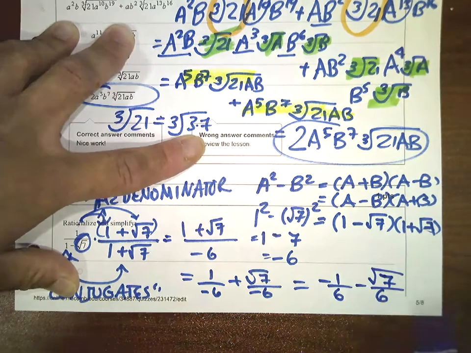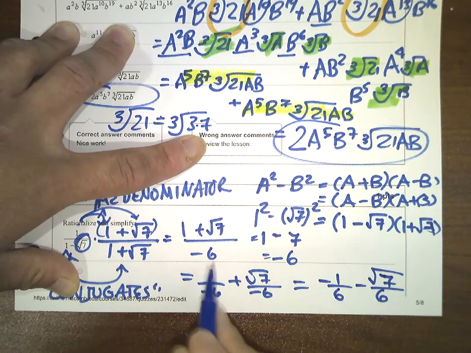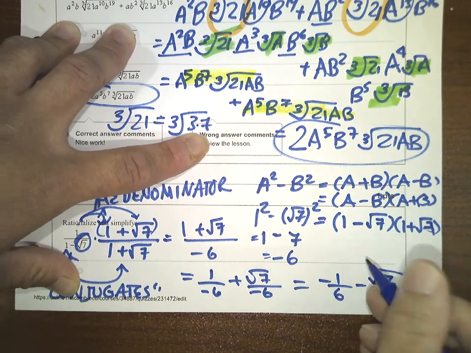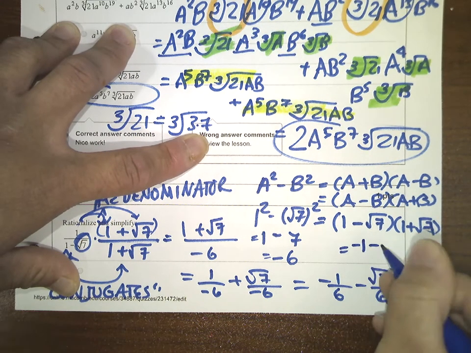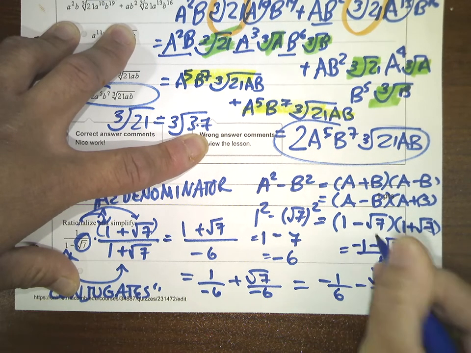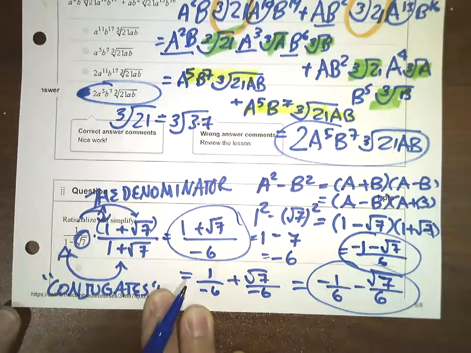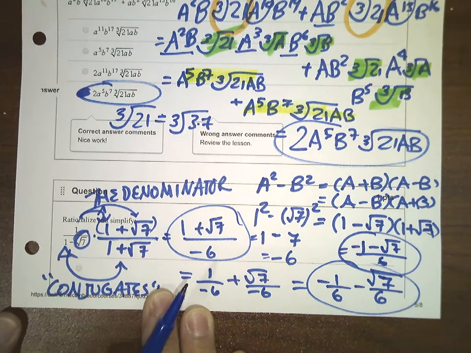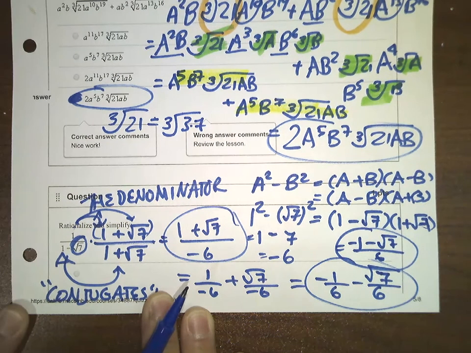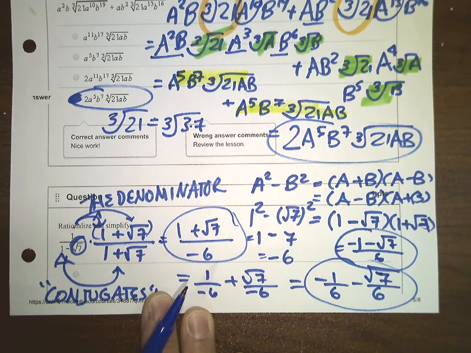Or some people might not like the negative in the denominator, so they would just bring it up to the numerator and it would be negative 1 minus square root of 7 over 6. So this is okay, this is okay, this is okay. Any of them would be equivalent answers for our purposes, meaning that if you found the decimal approximation, they would all be numerically equivalent.